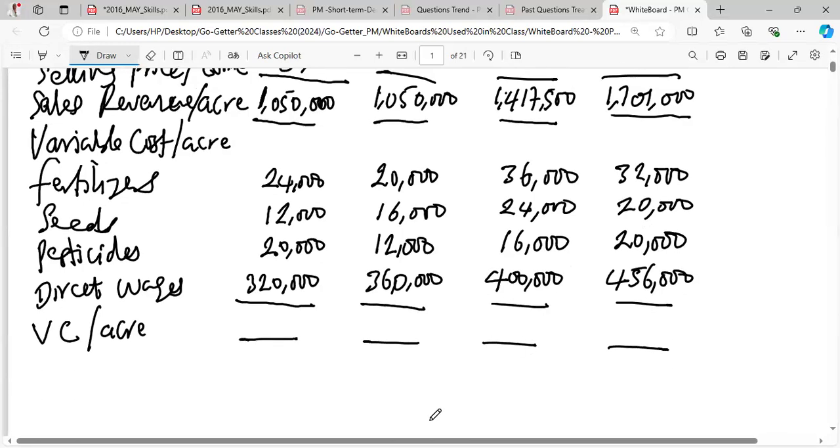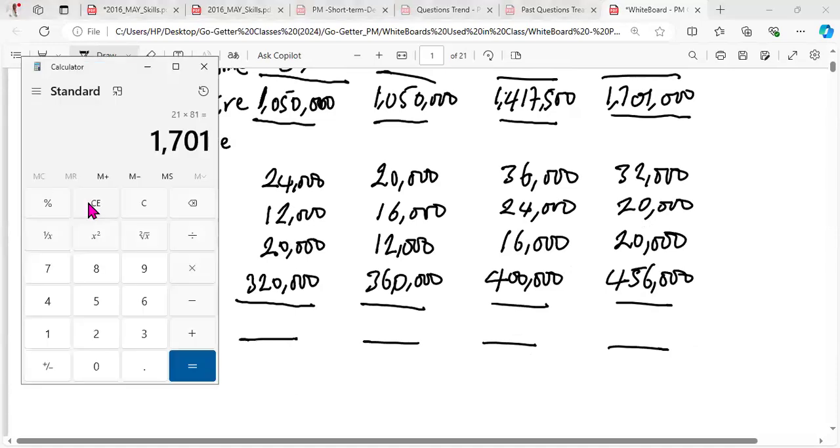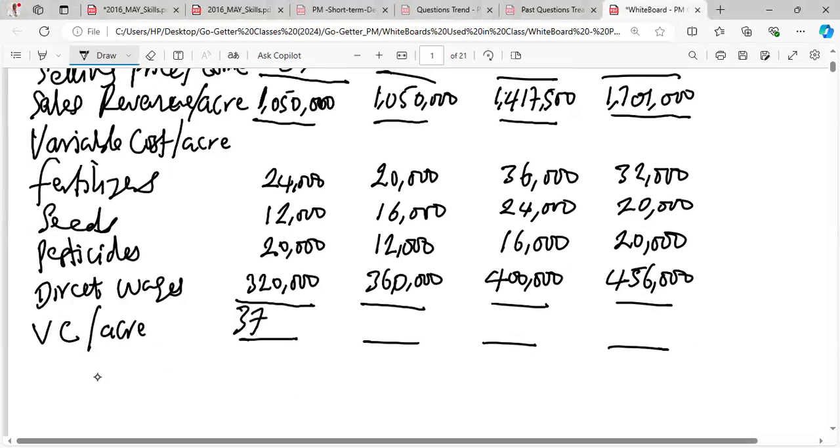So let's add this variable cost together. We have here 24, I will leave the thousands, plus 12 plus 20 plus 320 gives me 376,000.